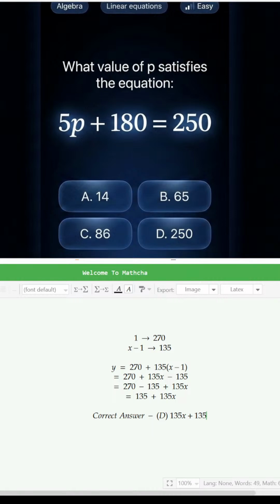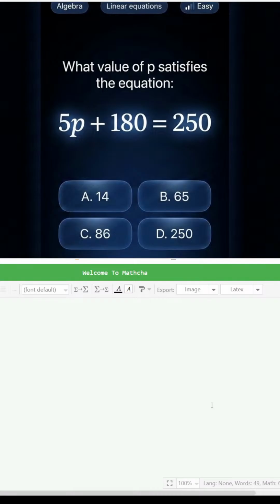Okay, so let us solve this question. So here we're given 5p plus 180 is equal to 250. So that gives us 5p is equal to 250 minus 180, that is 70.